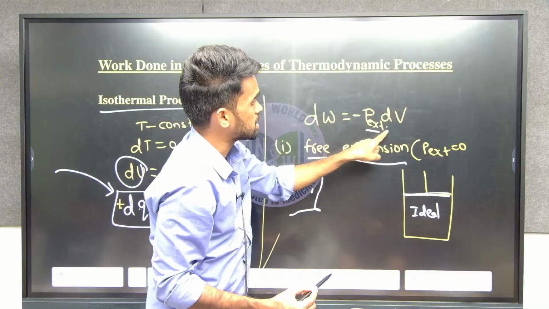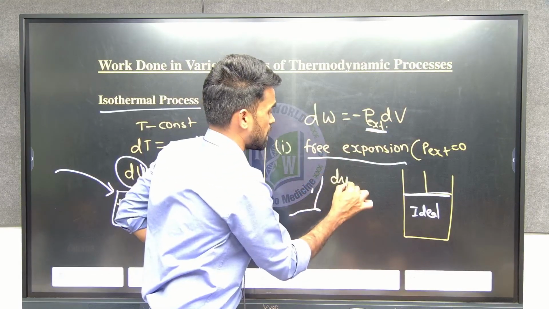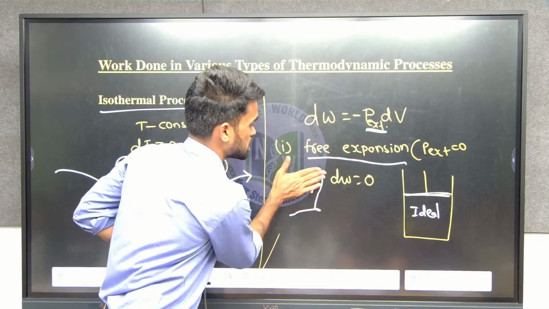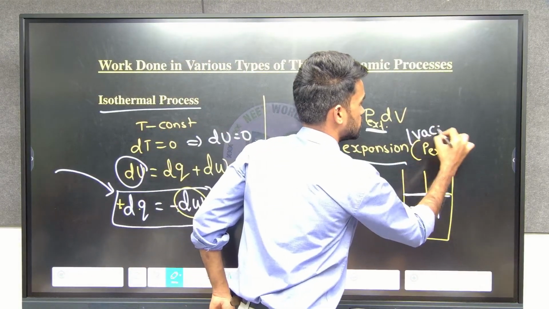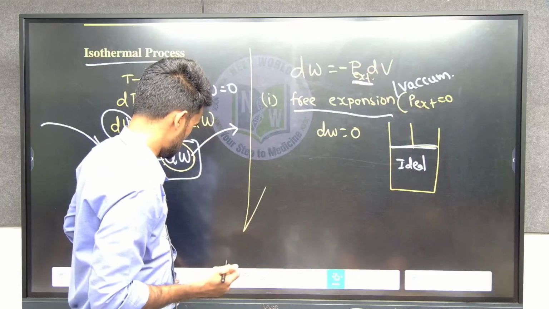If P external is 0, something 0 into something, so work done in free expansion, how much? 0. So this free expansion is also called work done in vacuum.